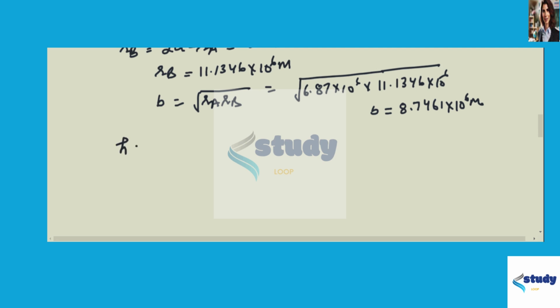Angular momentum per unit mass is 2 pi ab upon tau.